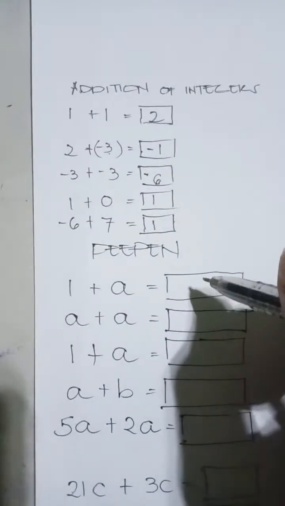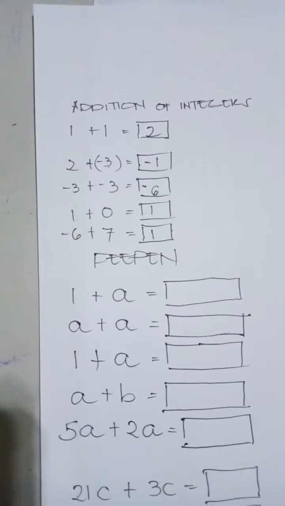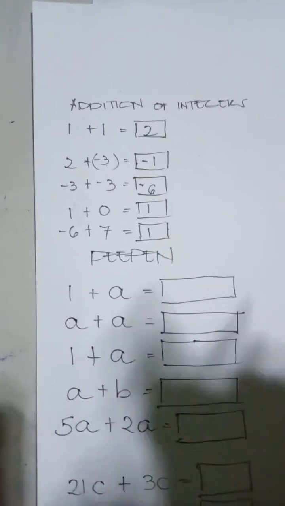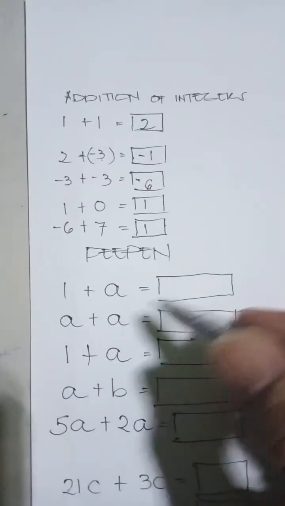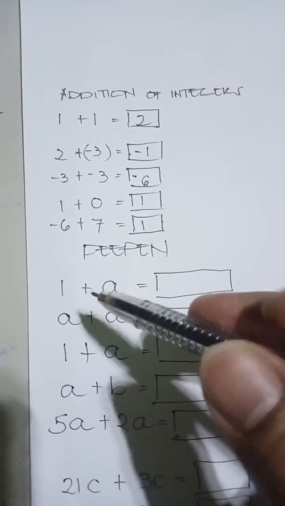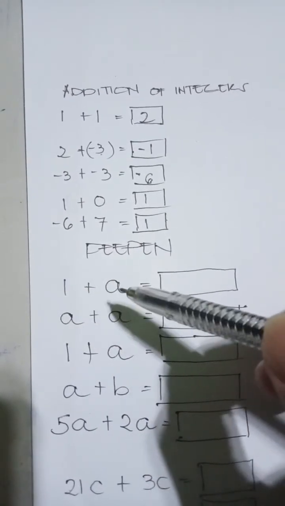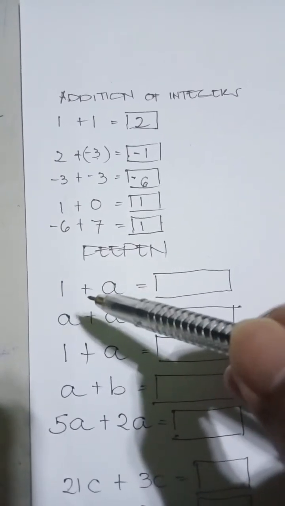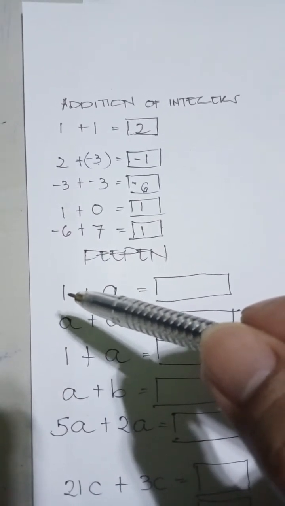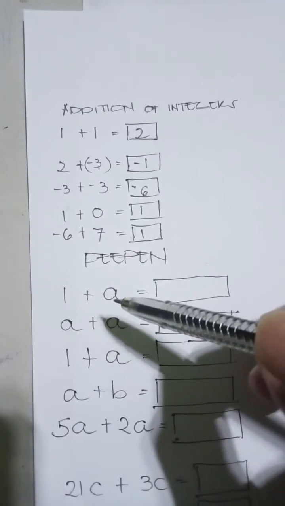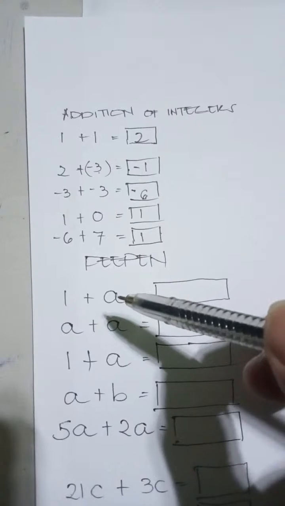So, 1 plus a. You cannot add a letter to a number, because one is numeric and the other is a letter, a variable.